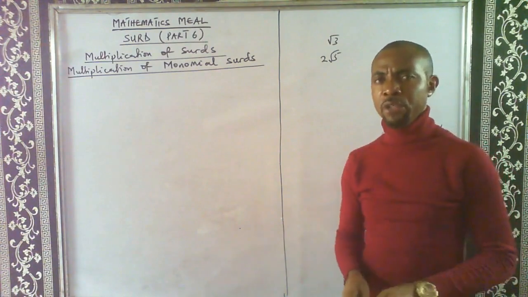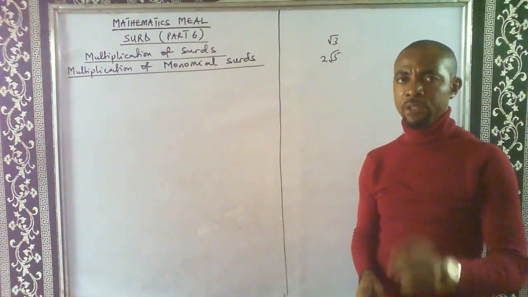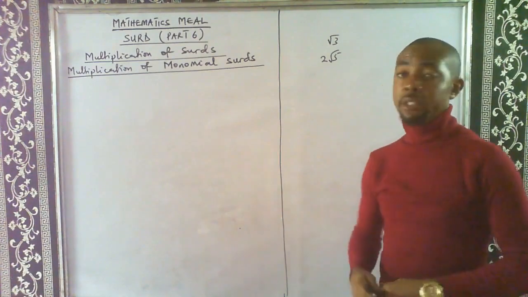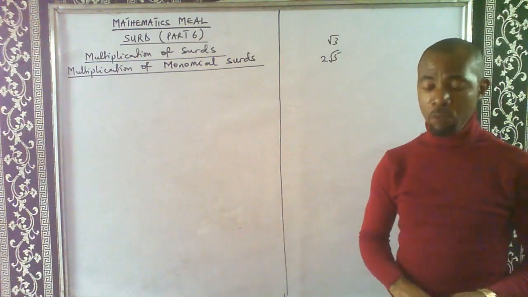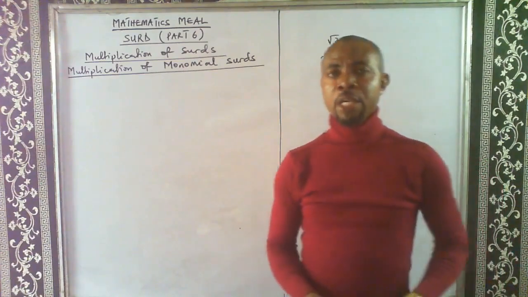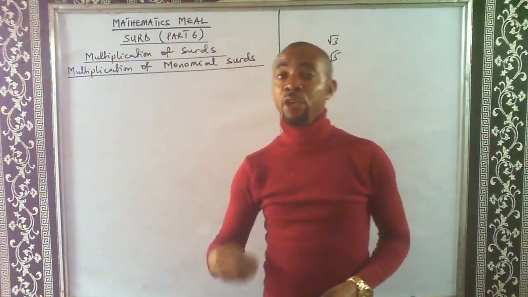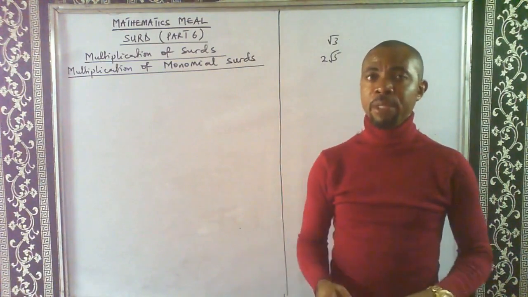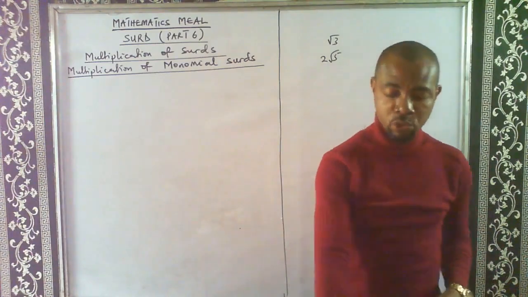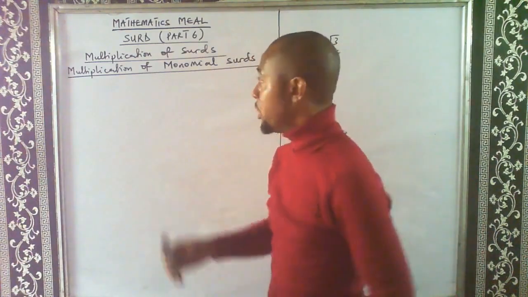Just watch that video so that you will know more about them. So our interest is on multiplication of monomial surds. So how do we multiply monomial surds? You know, in mathematics, if you don't know how, it becomes a problem.